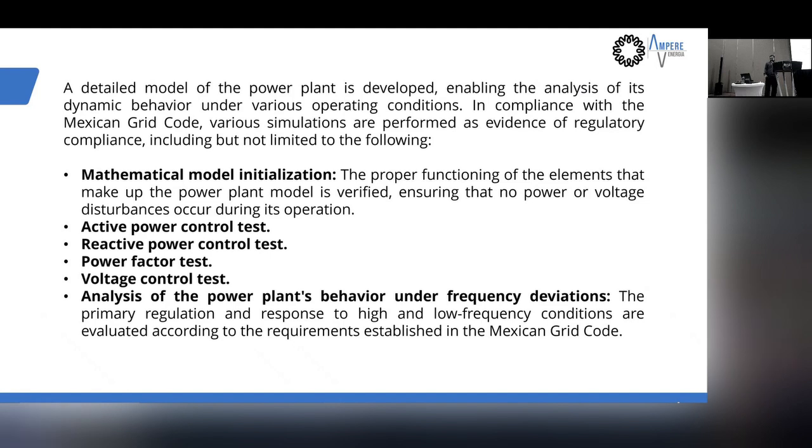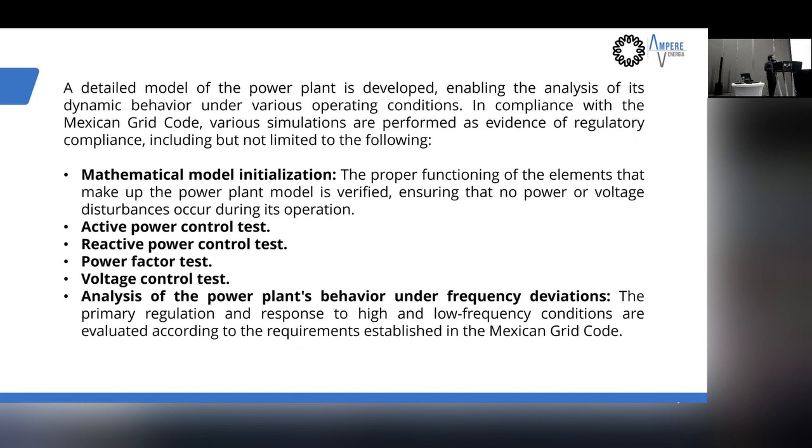First, the power plant is modeled, and in compliance with the Mexican grid code, we have to perform some tests. The tests that we have to perform are the active power control test, reactive power control test, power factor test, and voltage control test.